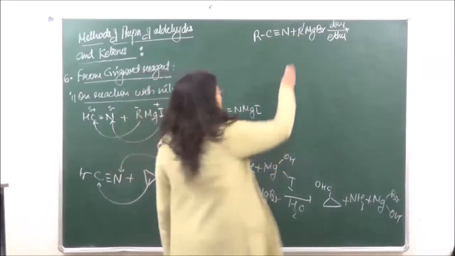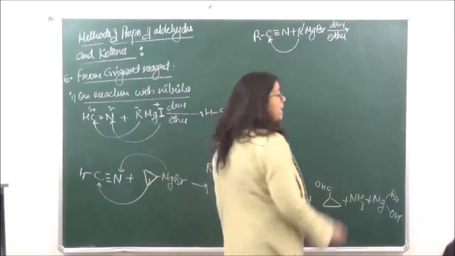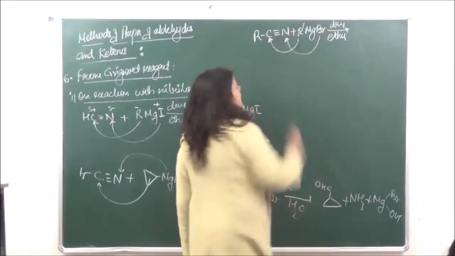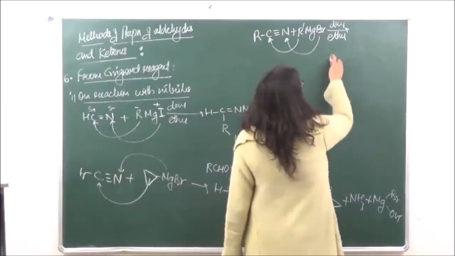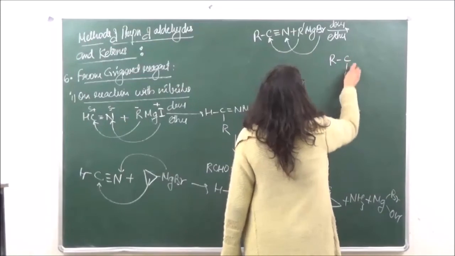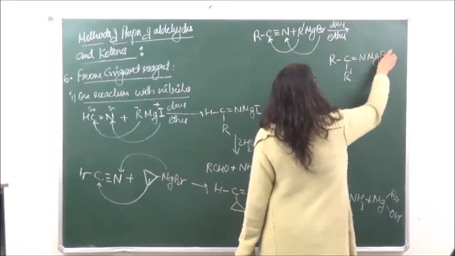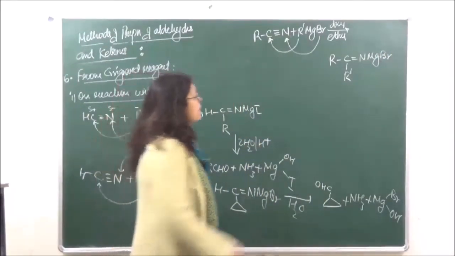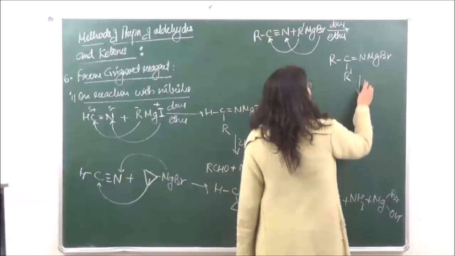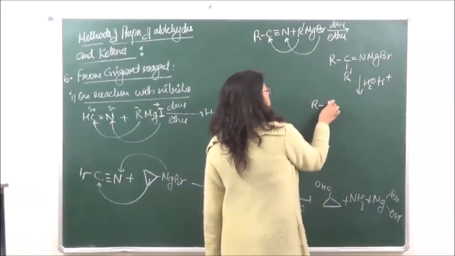So this is going to attack at the carbon atom. MgBr will go and attack at the nitrogen atom. So what are we going to get over here? We will get an addition product of the type, right? Then hydrolysis of this is going to give us a ketone.